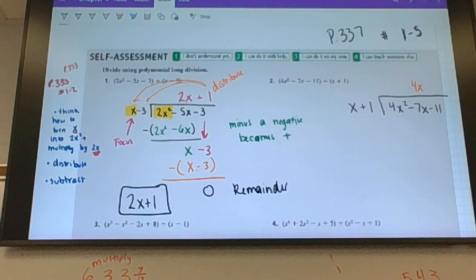Okay, what's x squared times that? Is there a remainder in this problem? I'm not seeing it.